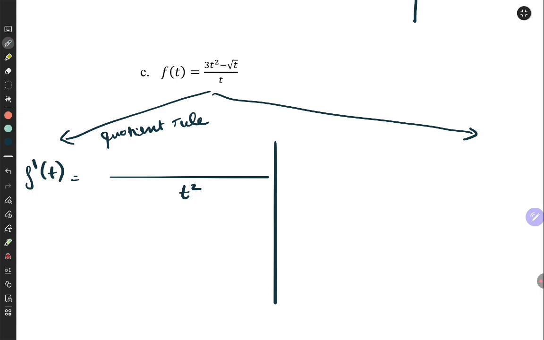Yep, correct. Good. Okay, so quotient rule: F prime G, F G prime.